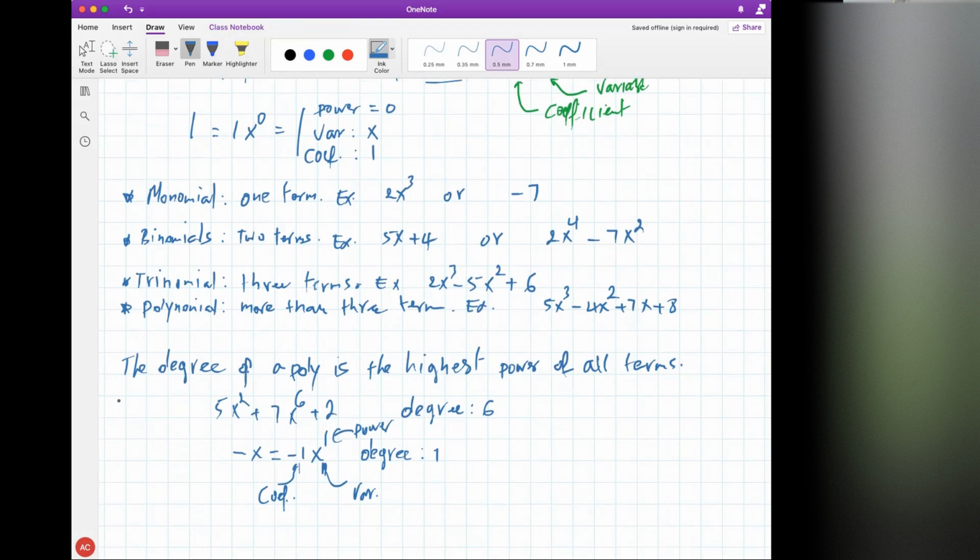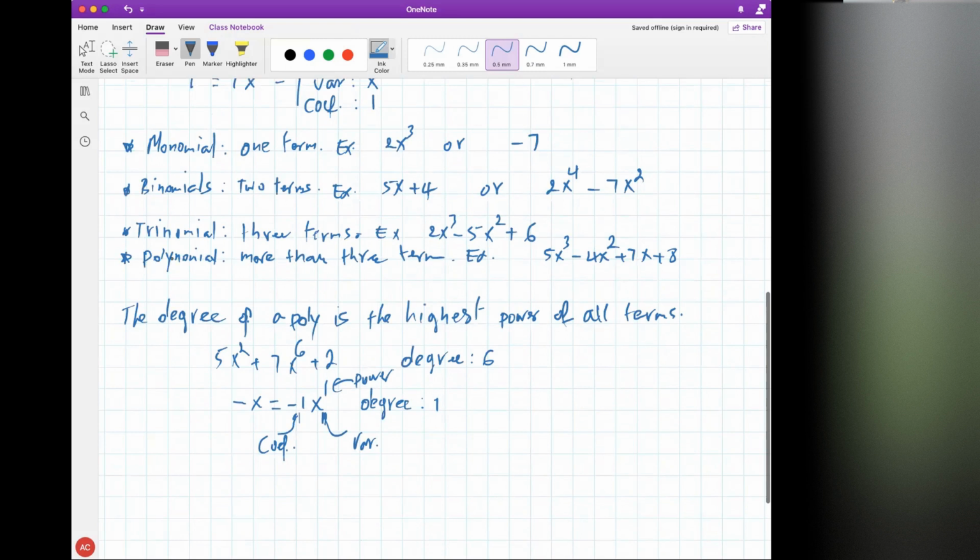Okay, so that's basically how you classify or name polynomials based on the number of terms and the powers. Look at this polynomial here, the last one, 4 terms.